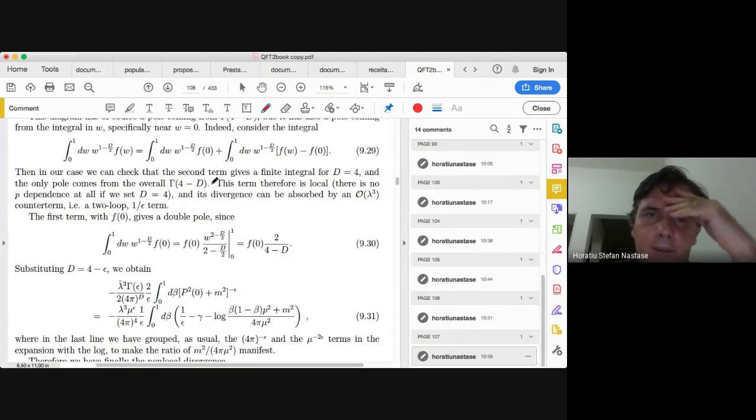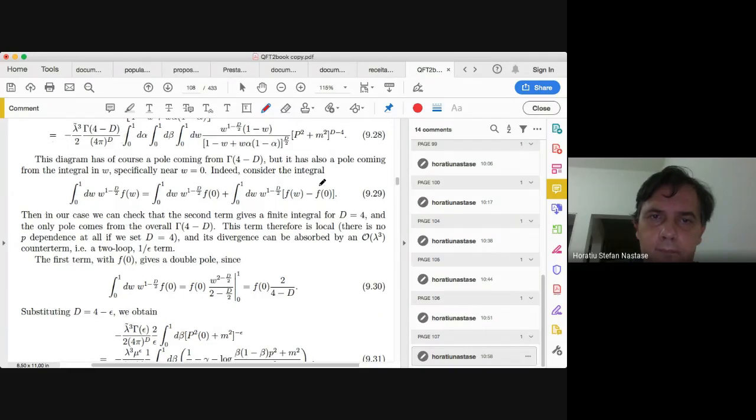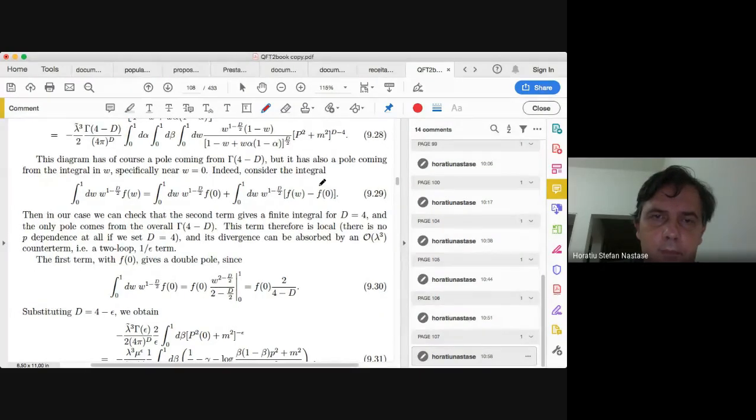But the point is that we have this 1 over epsilon divergence, but the result is local. That means... no, sorry, what am I saying?